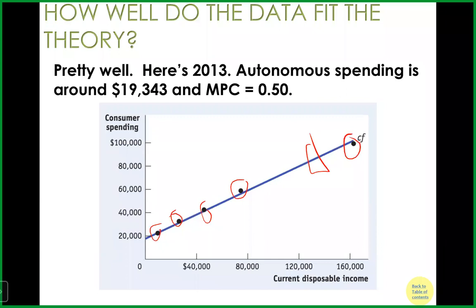What can we say by looking at this graph? Essentially, the theory predicts the reality very well. Or in other words, they fit very well, because this line almost perfectly matches those dots, right?